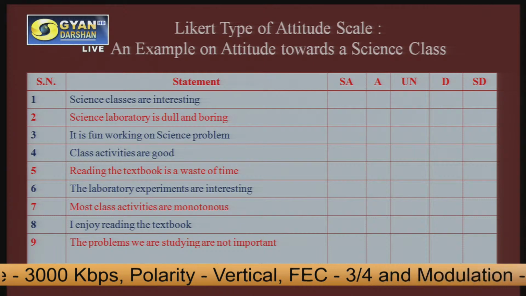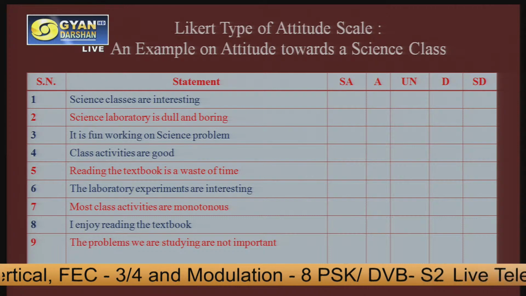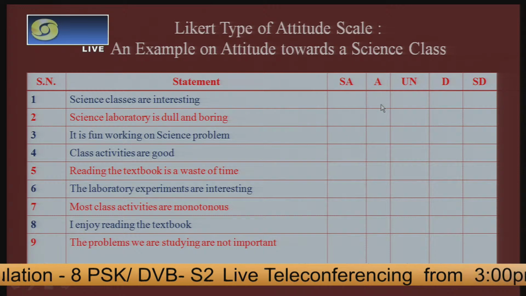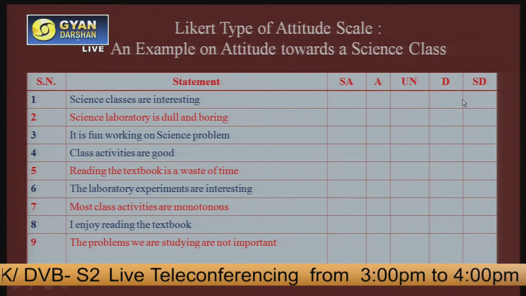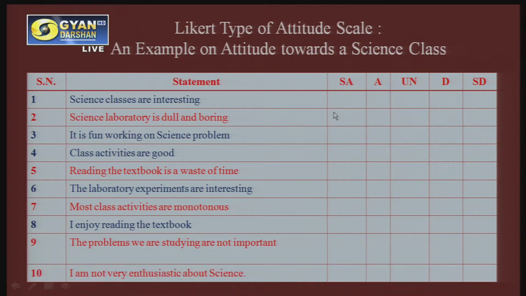So as far as scoring is concerned, in a positive statement, for strongly agree you can give 5, for agree 4, undecided 3, disagree 2, and strongly disagree 1. Or you can also start from 4: strongly agree 4, agree 3, undecided 2, disagree 1, and strongly disagree 0.